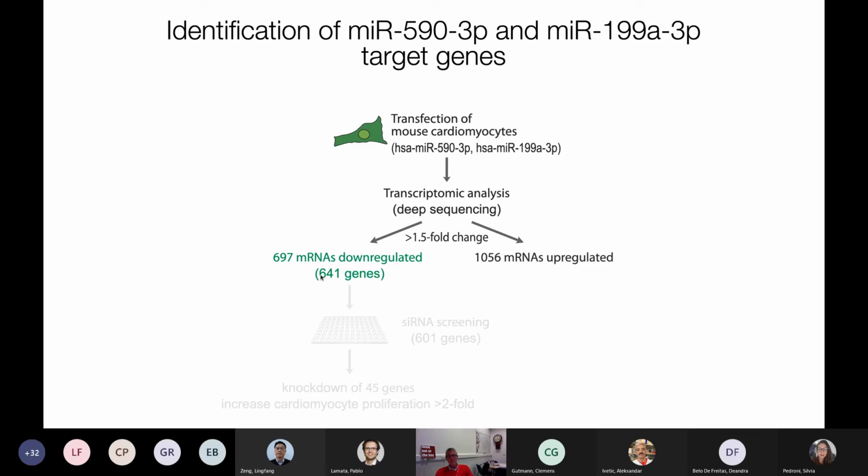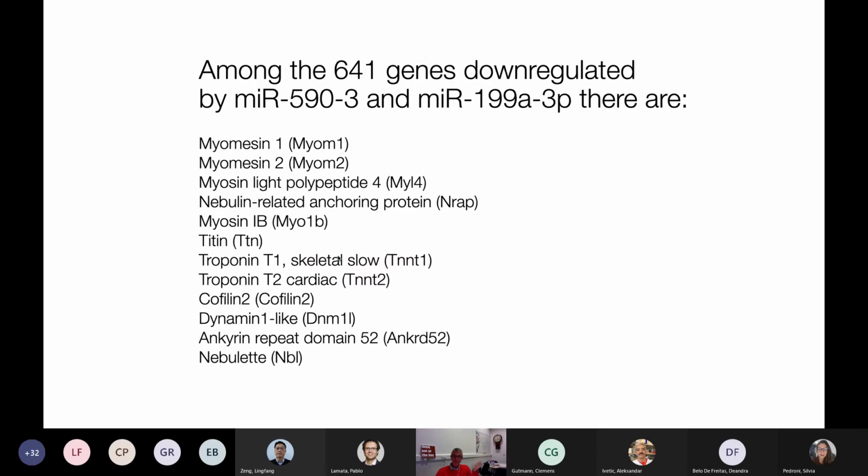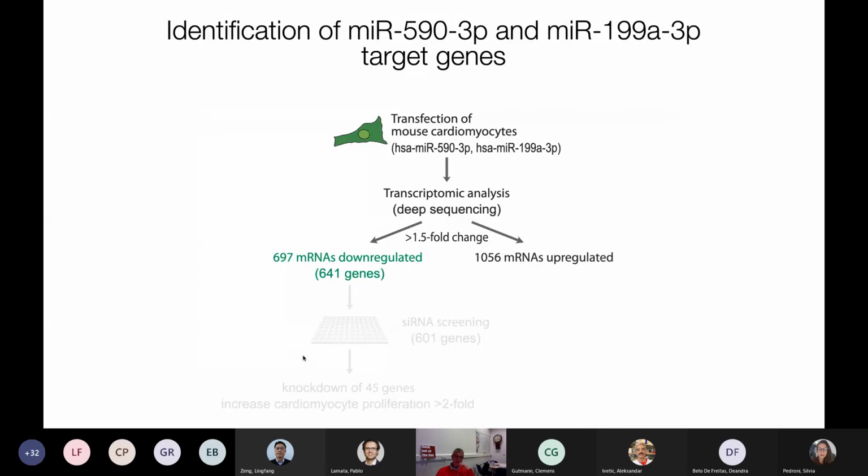Instead, if you approach this through screening, this is what you can do. There are 696 mRNAs that are regulated. Well, let's take the siRNAs against each of these and test for each of them if individually they can stimulate proliferation.